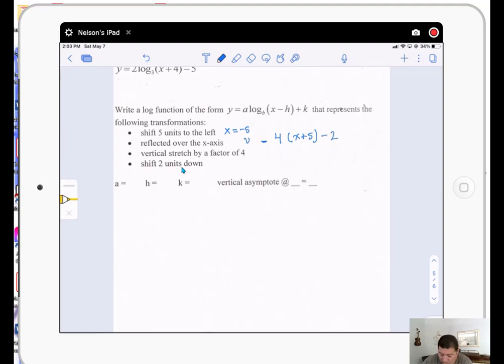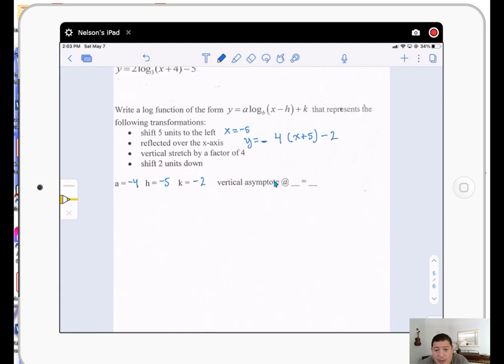And so we're going to call it y is equal, and there you have it. Okay, and so there's some components that we need to figure out now. So the value of a is going to be negative 4. For the value of h, you need to solve for x, right? And so it's going to be negative 5. And for k, it's going to be negative 2.